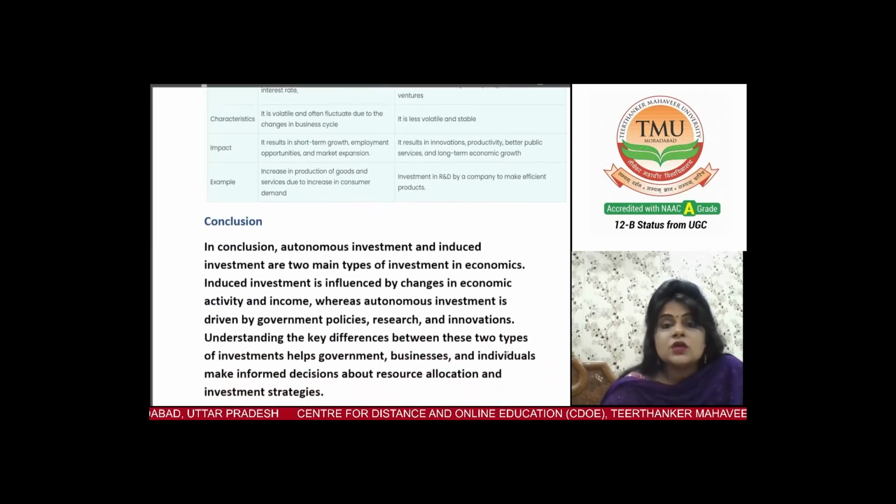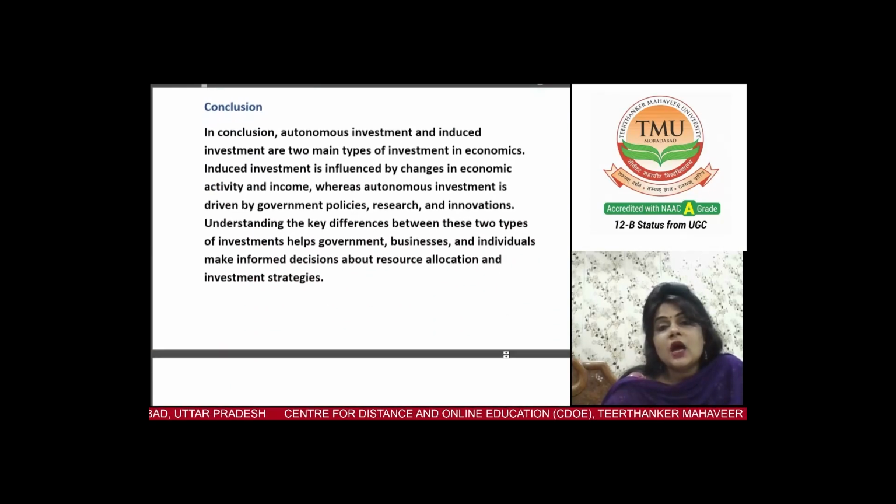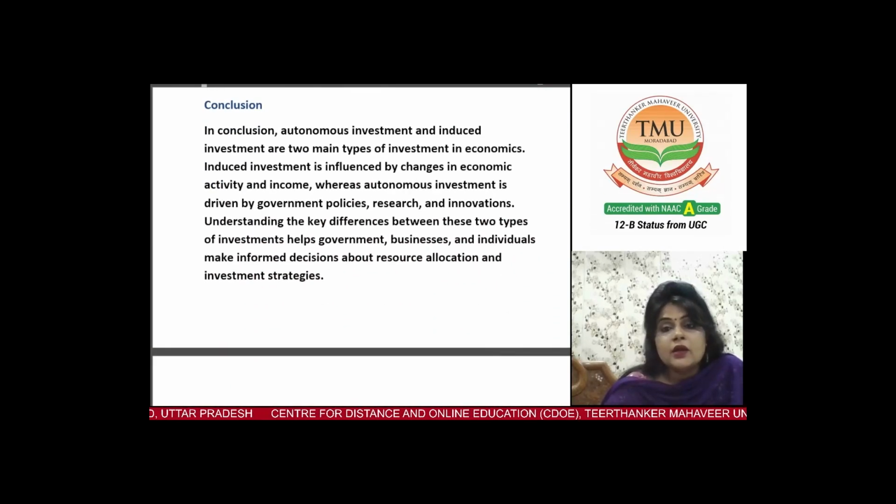So, in conclusion, autonomous investment and induced investment are two main types of investment in the economy. Induced investment is influenced by changes in economic activity and income, whereas autonomous investment is driven by government policies, research, and innovation.